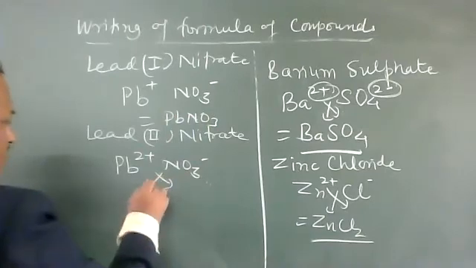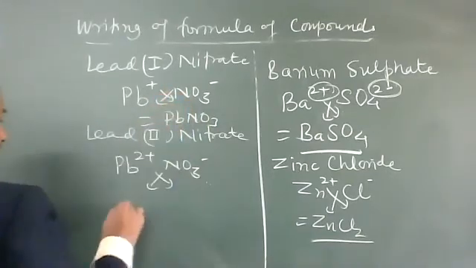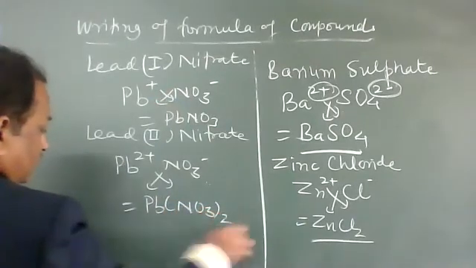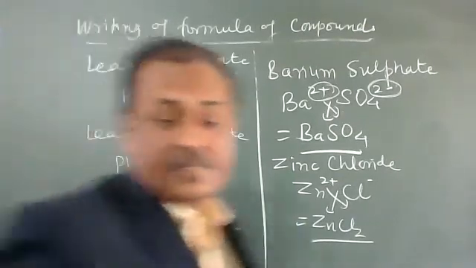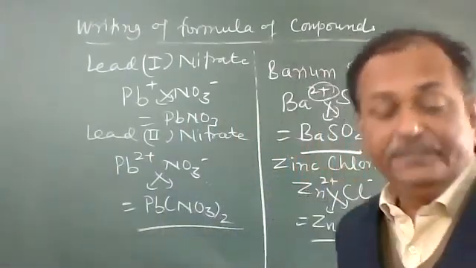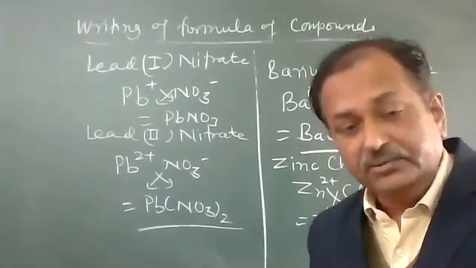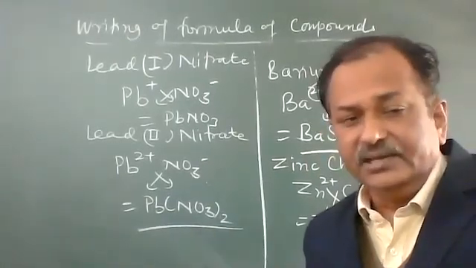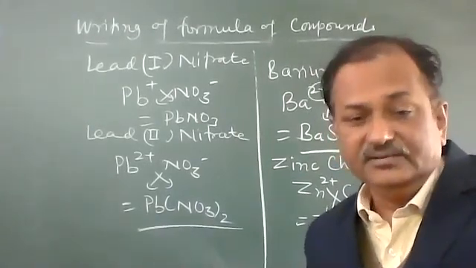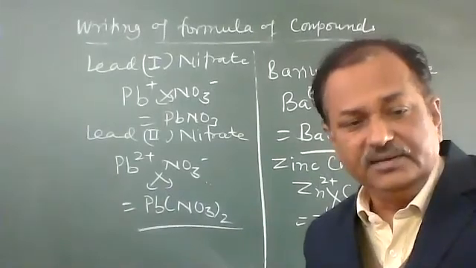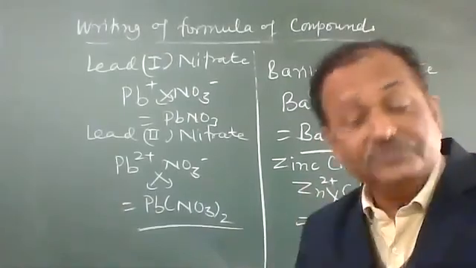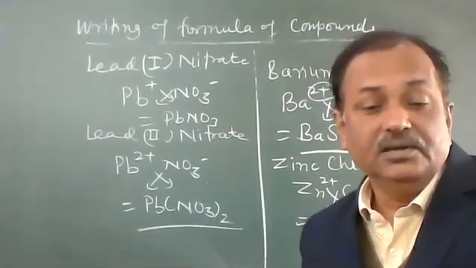So we'll crisscross, here again crisscross. It will be Pb(NO3)2. So this is the way we write down the symbols of different compounds. The symbols can be written very easily and in a very convenient manner. Just keep a close eye on all the symbols.